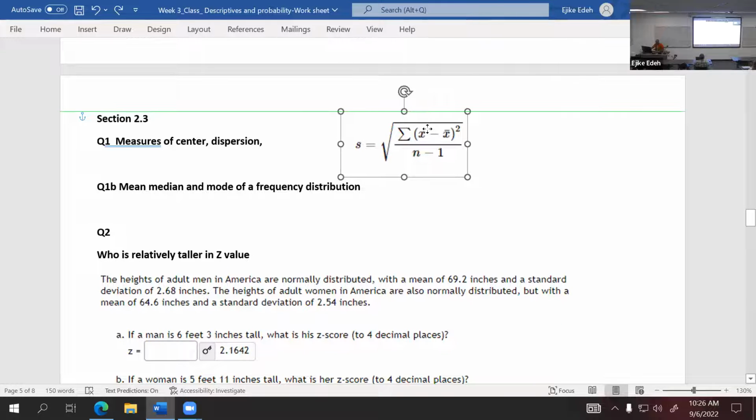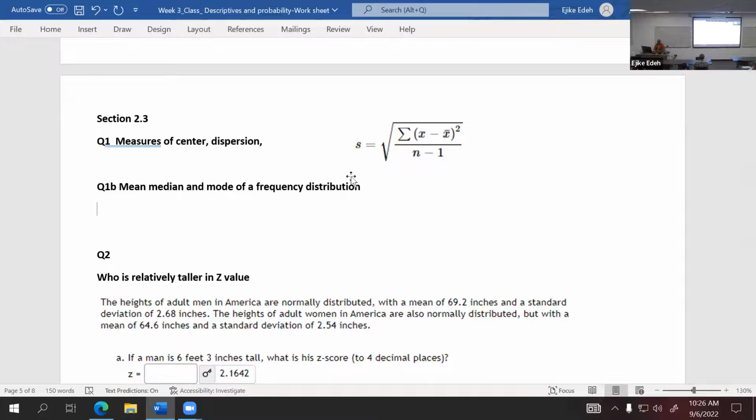So let me move this and include that here. Let me say question 1: variance and standard deviation.